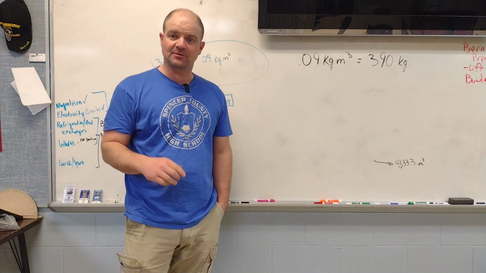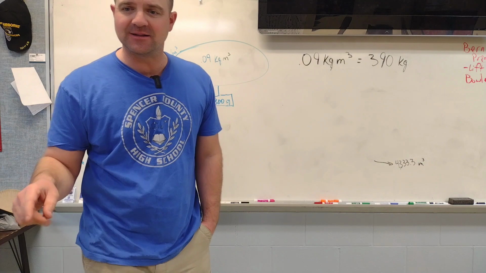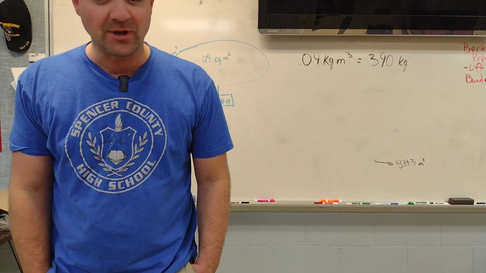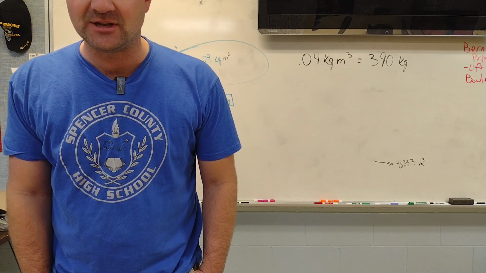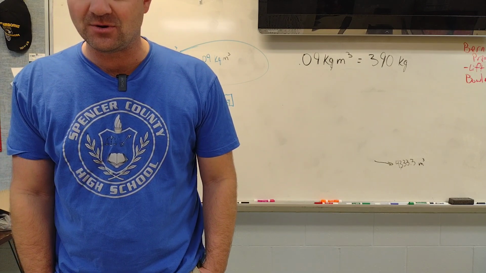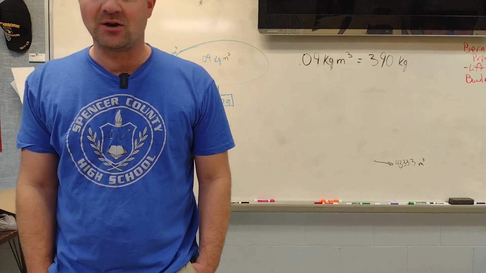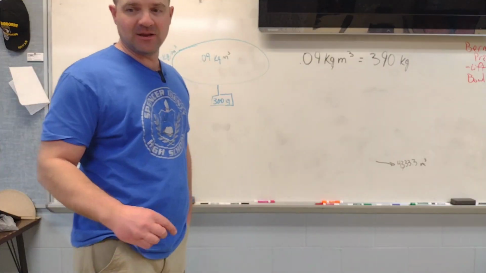So I got another request, a couple more. The first one is chapter 20, number 38. It says, estimate the volume of a hydrogen-filled balloon that will carry a 300 kilogram load in air. Assume the density of hydrogen is 0.09 kilograms per cubic meter, and the density of the surrounding air is 1.3 kilograms per cubic meter.